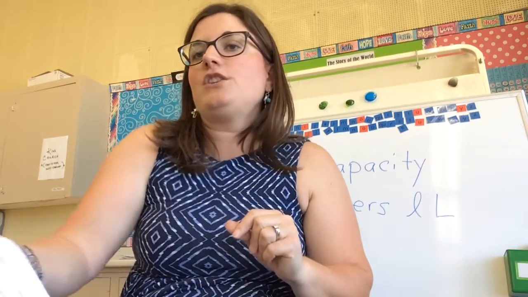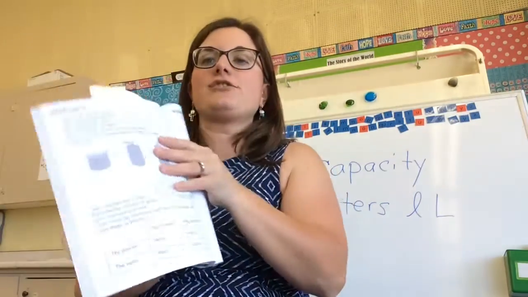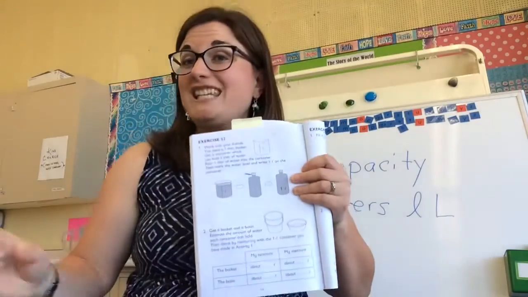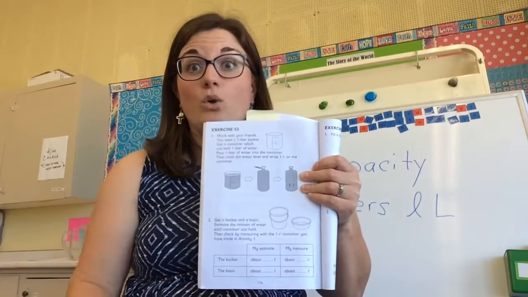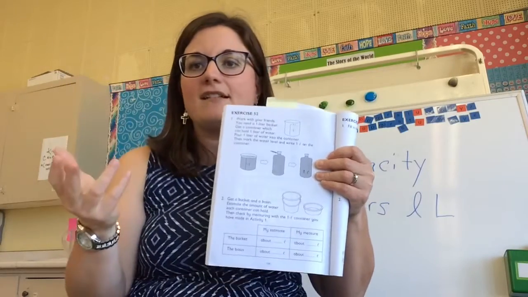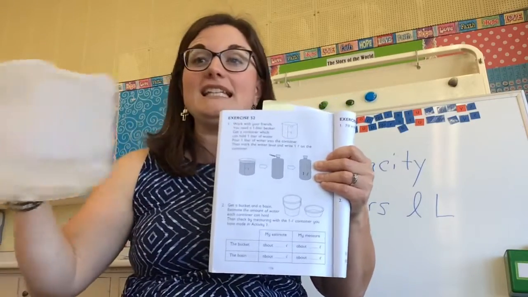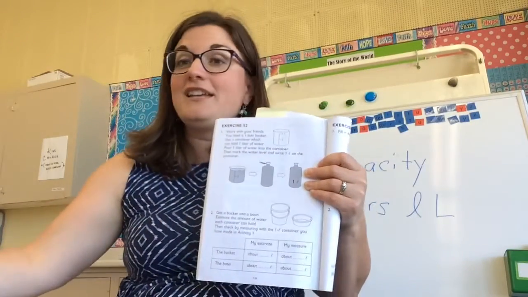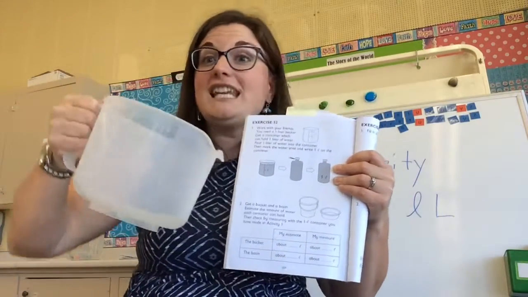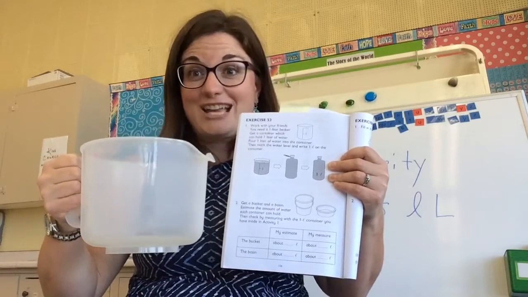And on exercise 52, the first thing is I want you to guess how many liters of water each of your containers hold. So get 2, a bucket and something else, and guess how many liters you could pour into it. Then I want you to actually fill up your measuring cup and keep putting it in and see how many liters it actually holds.